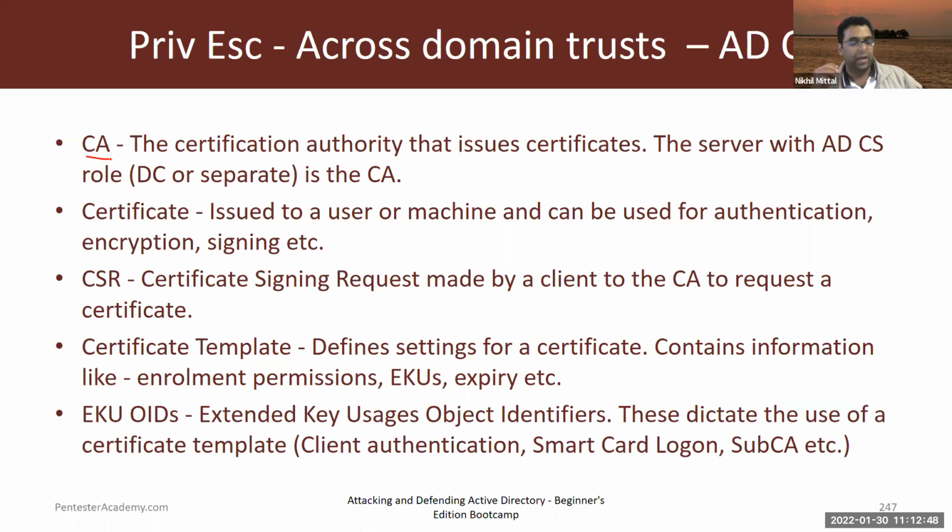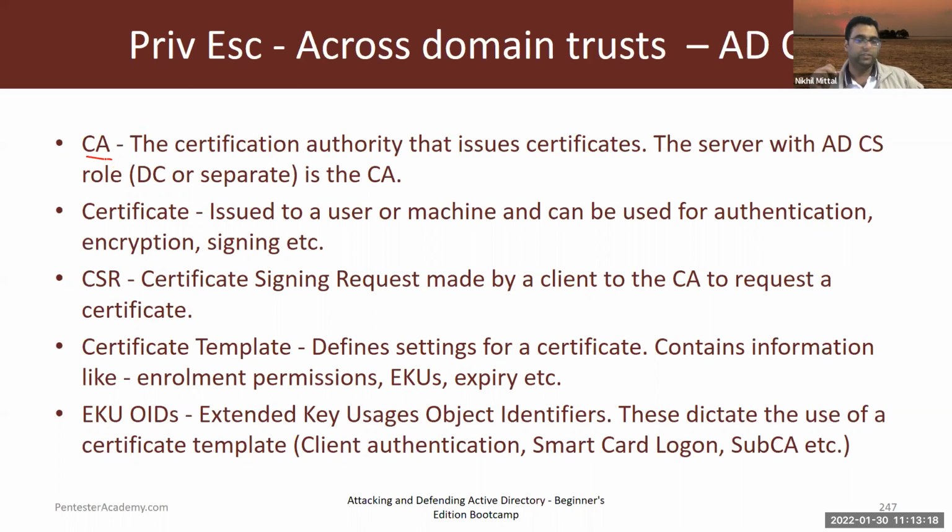I have personally seen DCs that would have ADFS, ADCS, and the DNS server role, along with some file server role as well. Make sure that you separate those out. But wherever the ADCS role is installed, that server would work as your CA.